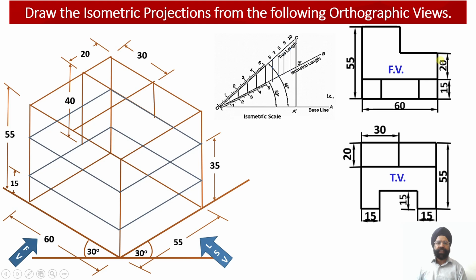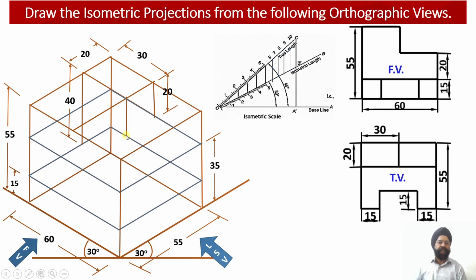The top surface which is corresponding to this ring number 2 is lying at a height of 35 millimeter. So this height over here is equal to 20 millimeter. So as we move down 20 millimeter, we are able to reach the top surface of the ring number 2. And similarly, from this point also, I am going to draw the vertical projection which will be having the vertical edge height equal to 20 millimeter.